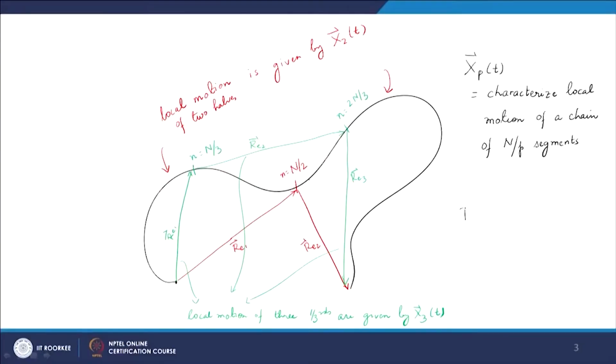Okay. So, there are a couple of problems with the Rouse model, and the most important problem is that if I look at the net diffusivity within the Rouse model, we find that it scales like 1 by N, that is, if I increase the number of segments, the diffusivity decreases.